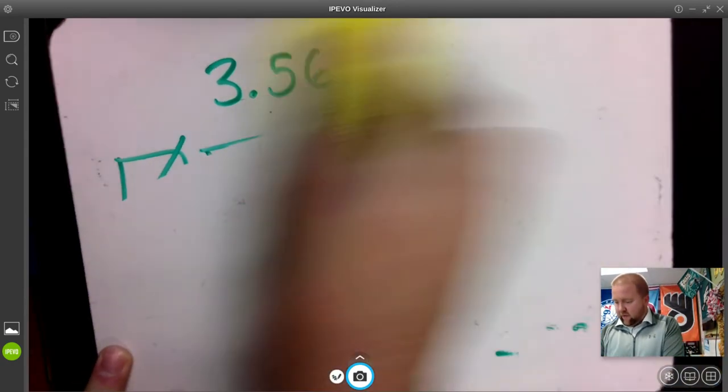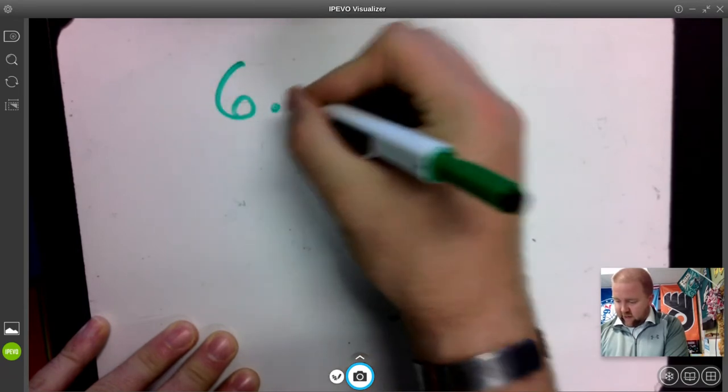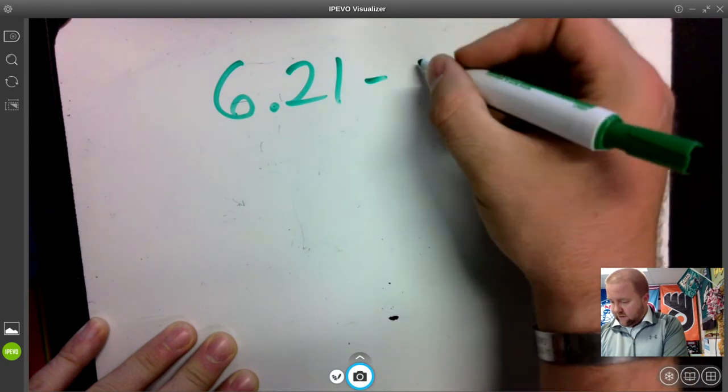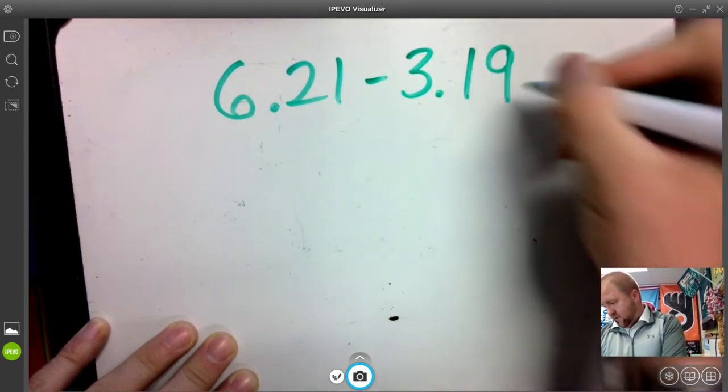All right, another example, one that is going to be a little bit more of a challenge, kind of like we did with the addition at first, is when we do have to regroup or borrow. So let's say we're doing 6 and 21 hundredths minus 3 and 19 hundredths.